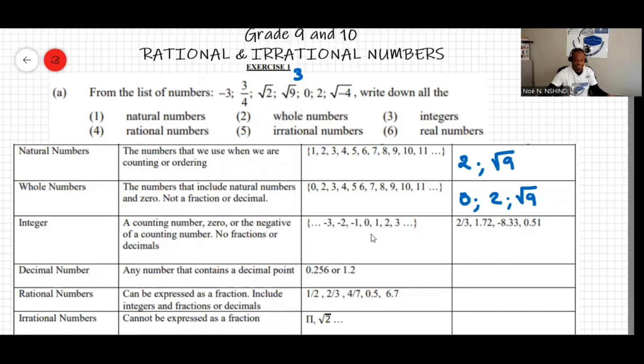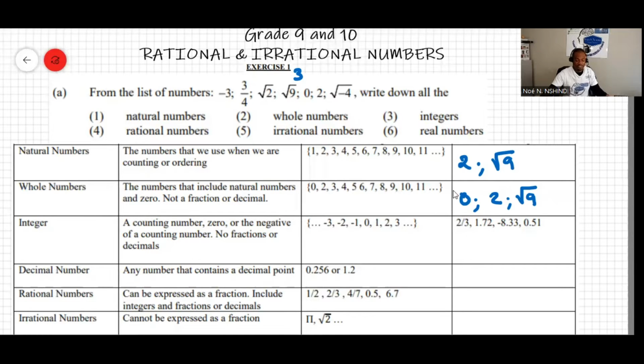Now, integers then. An integer is a counting number, 0, or the negative of a counting number, no fraction, no decimal. So the integers set encompasses all the positive and the related negative numbers. When I say related negative numbers, if I have 2, the related negative number of 2 is -2, and so on. So all the negative integers, 0, and the positive integers. This is when we talk about integers. So now I'll look here.